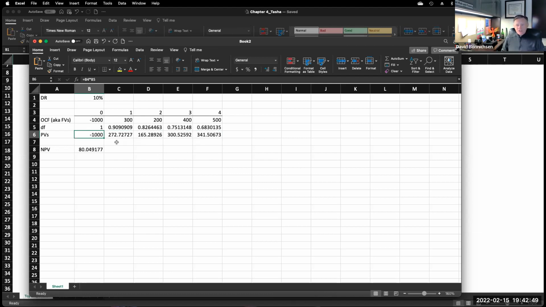So when the NPV is greater than 0, we're delivering more value to the firm than where the assets are currently being invested, and therefore we do the project.